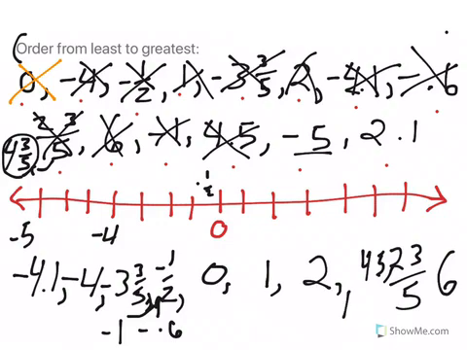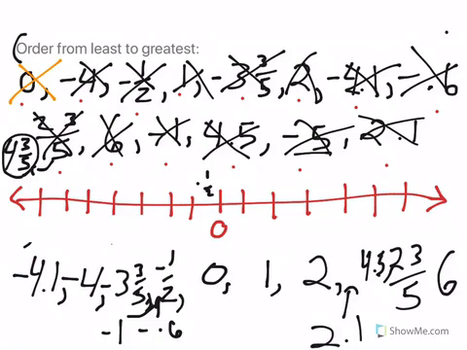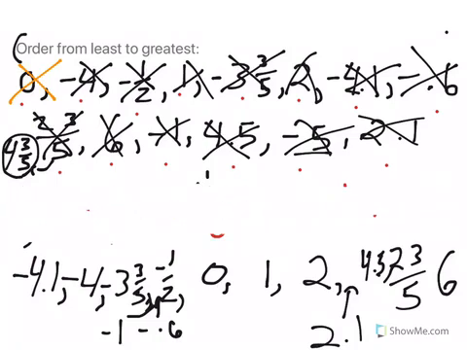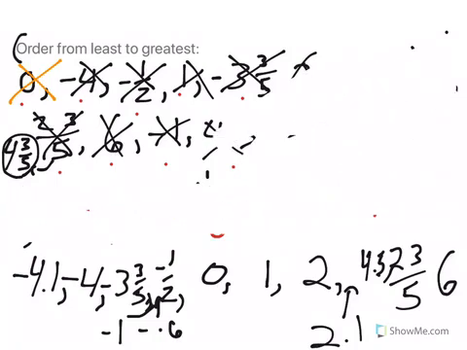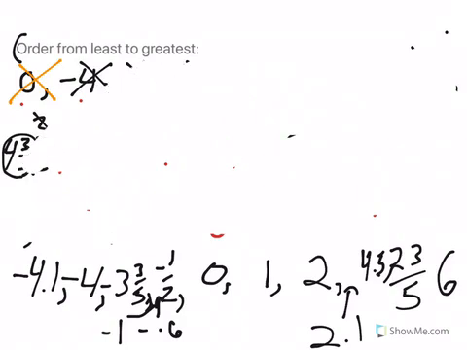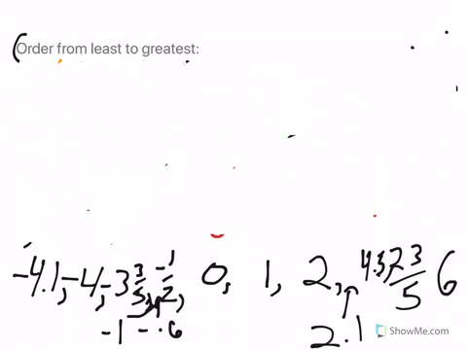Positive 2.1 would be right here, because it's bigger than 2, but it's not quite as big as 4.5. Okay, so I've gone through and I've made my list, and I just did it one by one. And so now that I've done that, if you're like me, when you do your own math on your own paper or on your iPad or whatever it is, it's okay that it looks sloppy like this.